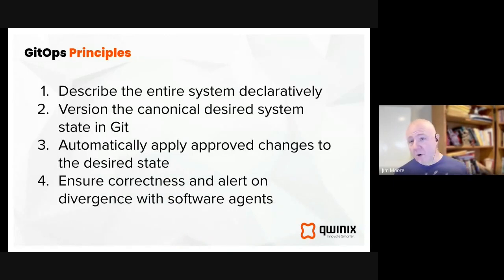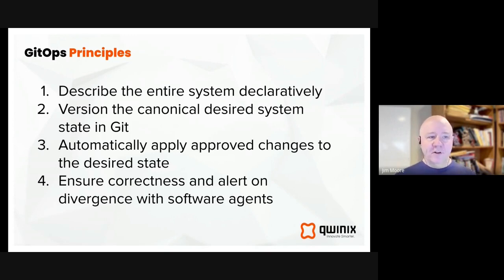The 4 principles that Weaveworks published, not in that article, because again, that was an introductory article, in the years since. 3 of them, the last one is a little bit controversial. We'll talk about it. But the others, basically everybody just, yeah, of course, that's what GitOps is. You describe the entire system declaratively.